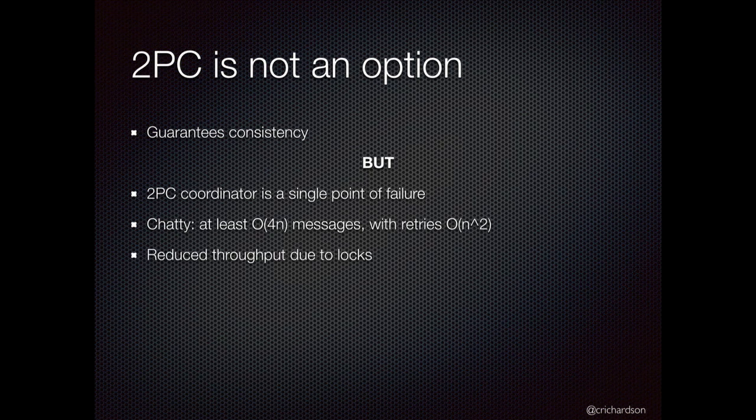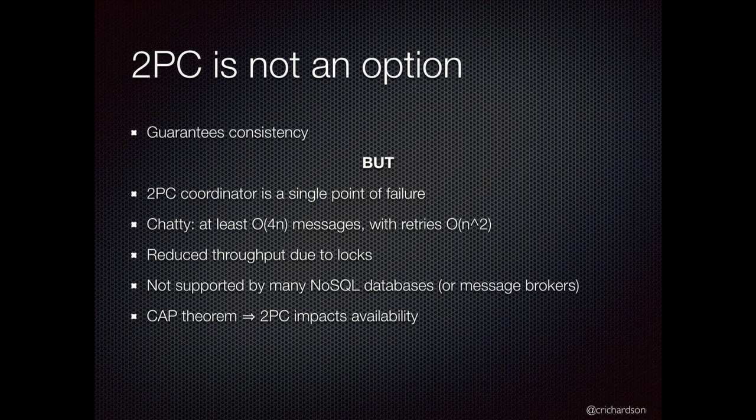Many modern NoSQL databases and message brokers don't support two-phase commit, so you can't actually use it. And the CAP theorem says you have to choose between consistency and availability, and people prefer availability over consistency. So modern web-scale applications simply don't use distributed transactions.